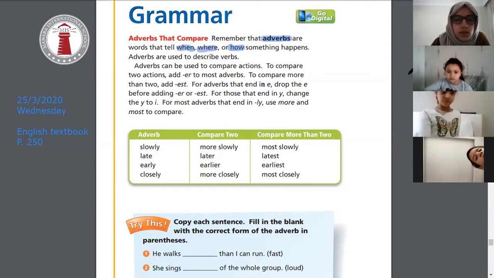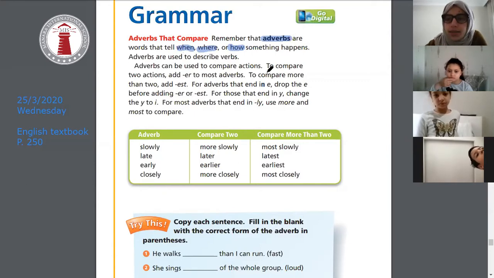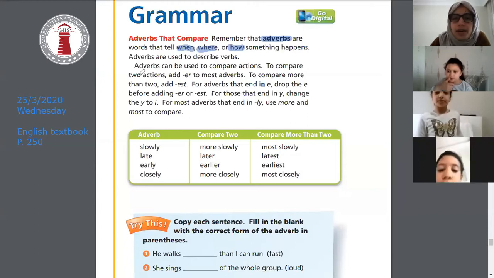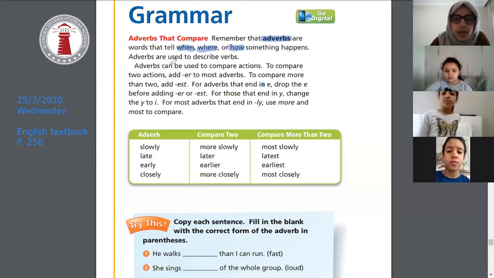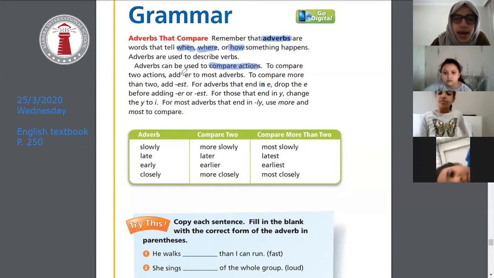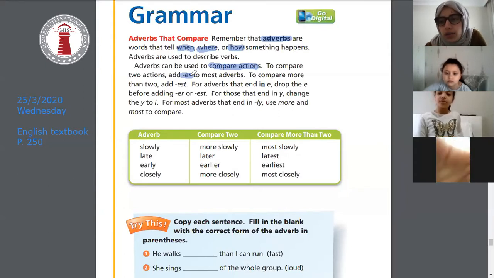So they describe verbs. We said that adjectives describe nouns and adverbs describe verbs. So they can also be used to compare actions. We can add er at the end of them to make them comparatives.